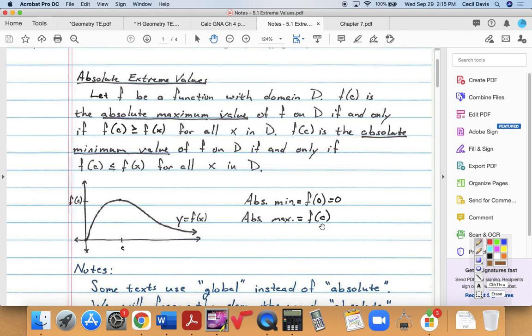Your book is not always the best about saying what they want. So in most cases, you can cover your bases by saying the maximum is 5, which occurs at x equals 3. Then you've said both where it occurs and what the maximum is.